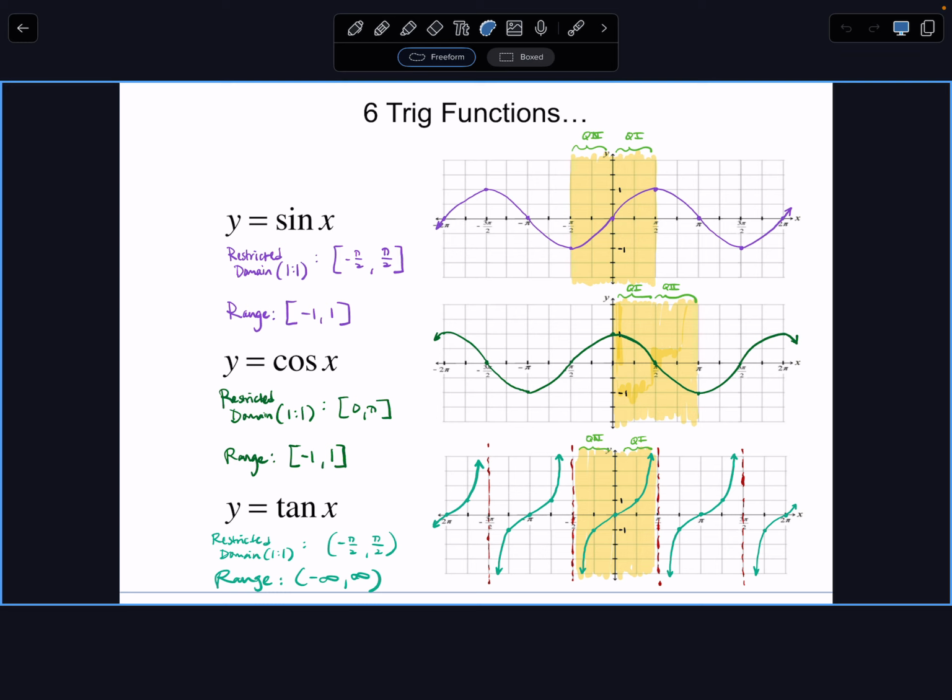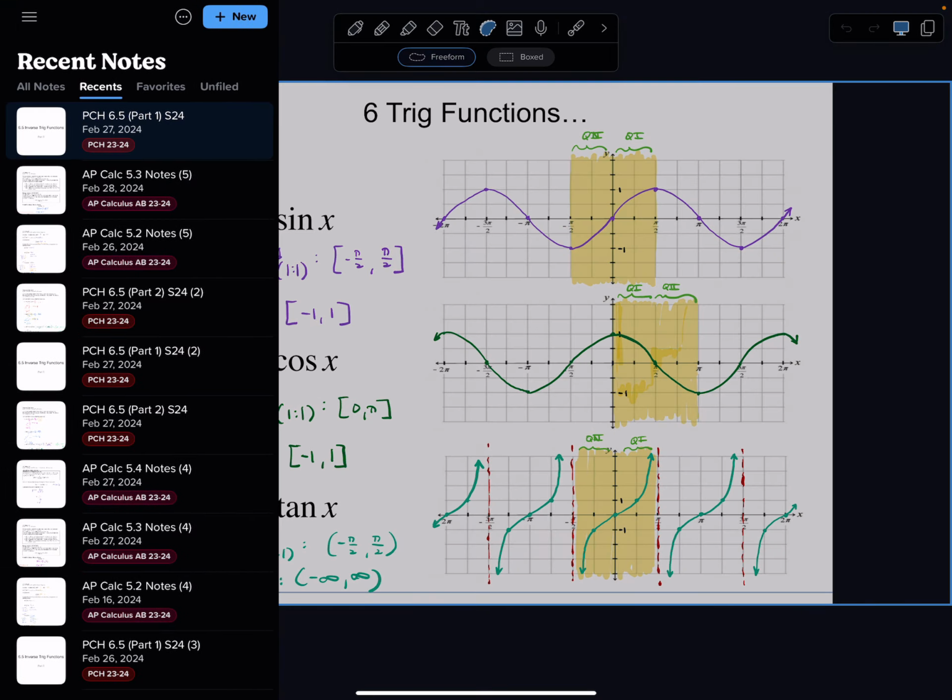Because we restricted it so that all the values in the range were passed through, the function would also pass the horizontal line test. Remember that? Maybe not the actual details of the conversation, but we know it happened. Right? Totes.